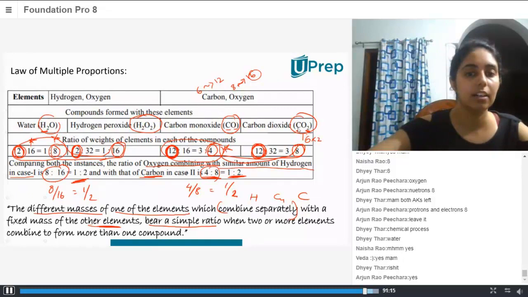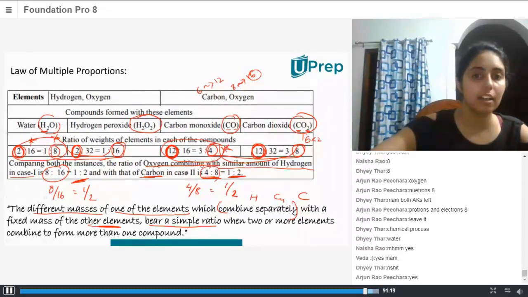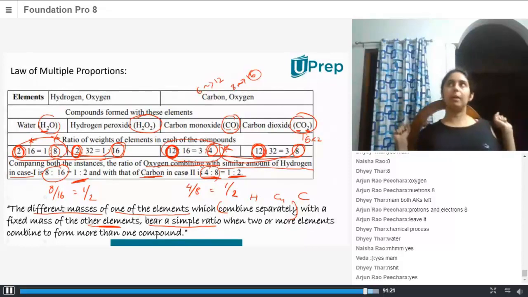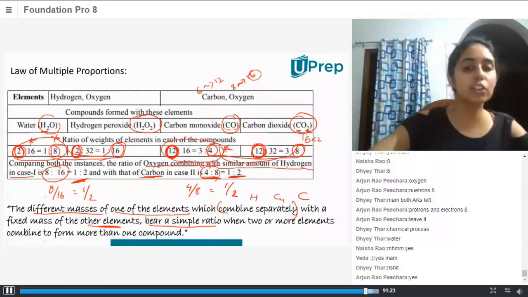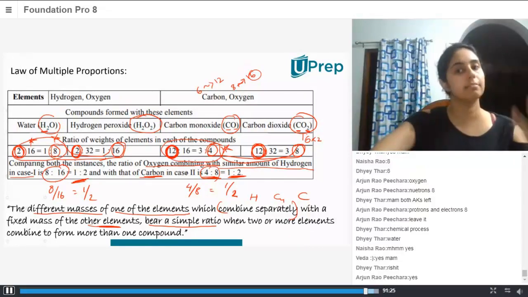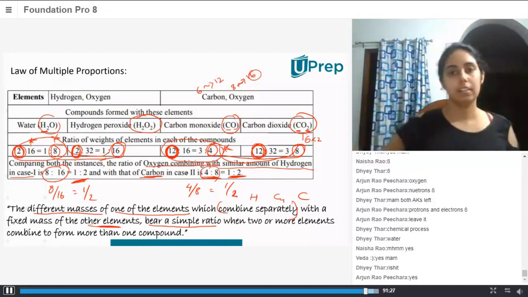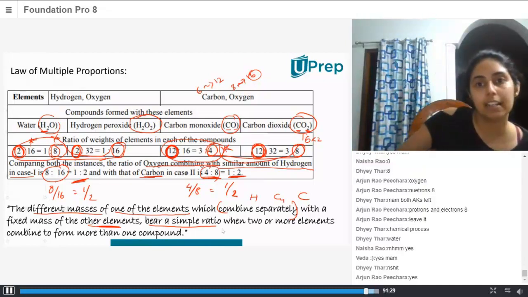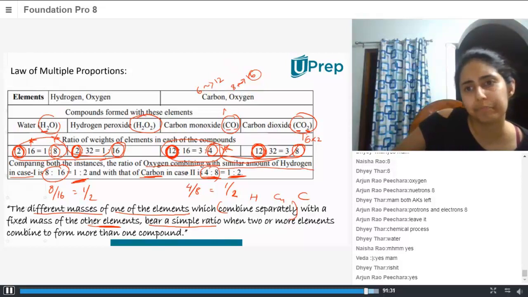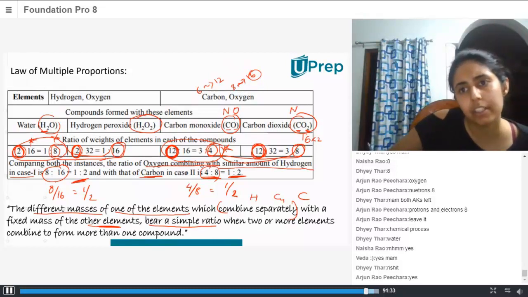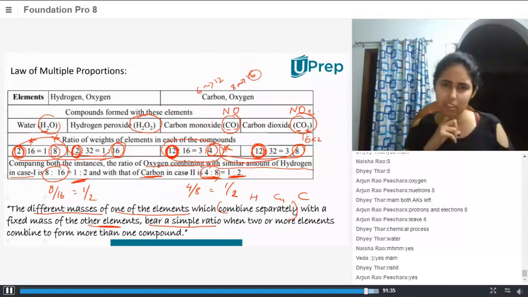Ma'am, can you give one more example where oxygen is forming a compound? Okay, let me think about this. Yeah, nitrogen oxide and nitrogen dioxide, right? So let's take nitrogen oxide and nitrogen dioxide. Is nitrogen oxide even a thing?